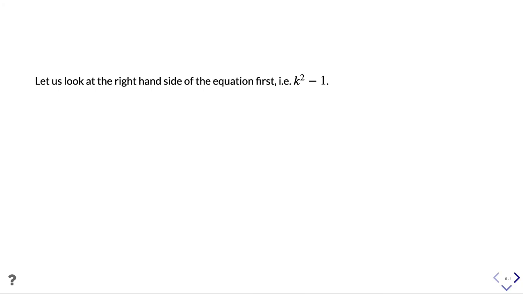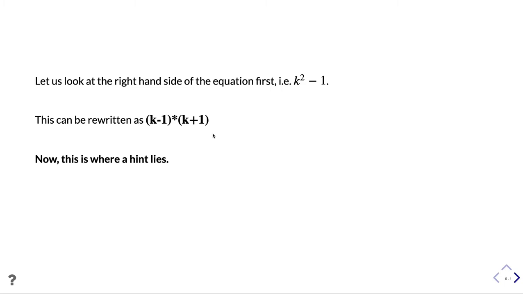So the key idea of the proof comes from the right hand side of the equation. If you observe the right hand side, it is k square minus 1. Now this can be rewritten as a product of two numbers, k minus 1 and k plus 1, and this is where the hint lies.